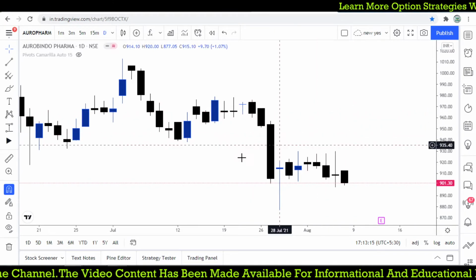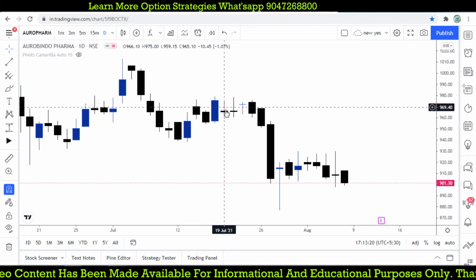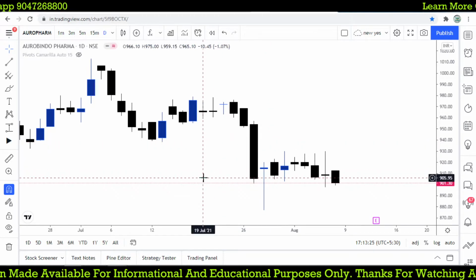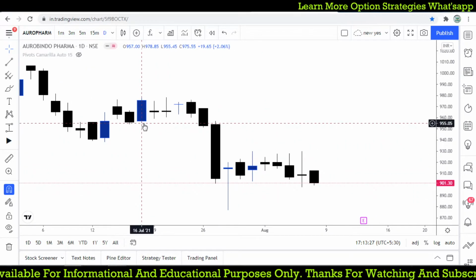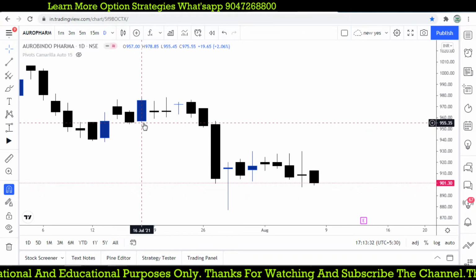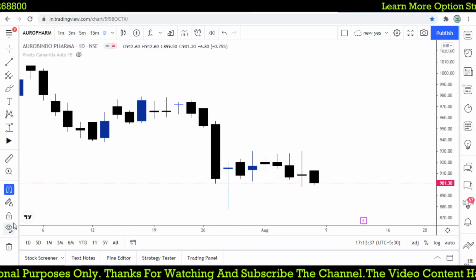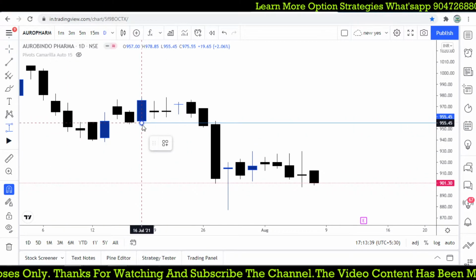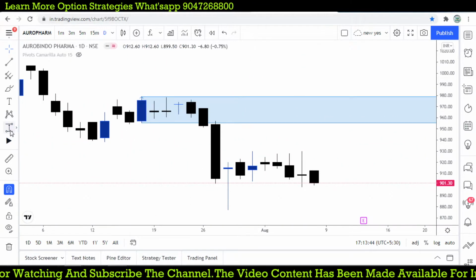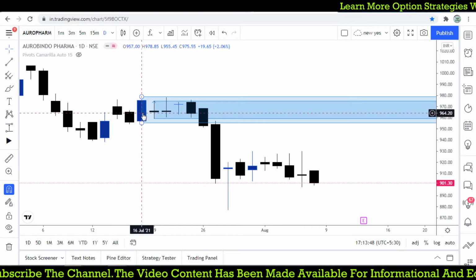Aarti Pharma 19/7, where? Here, right? 19/7, the high is 7. Yes, check that the high of the candle is 978.85, and the next candle is exactly between the previous candle. If you check what I'm discussing here, we marked the candle, and the next candle is completely inside the previous day, between the previous day's open and close.